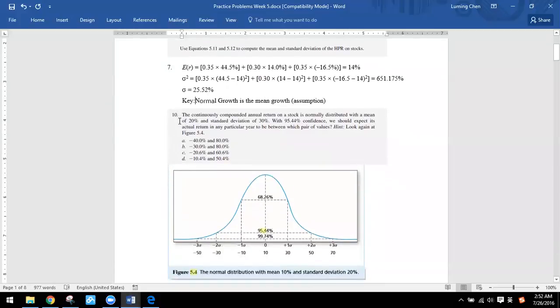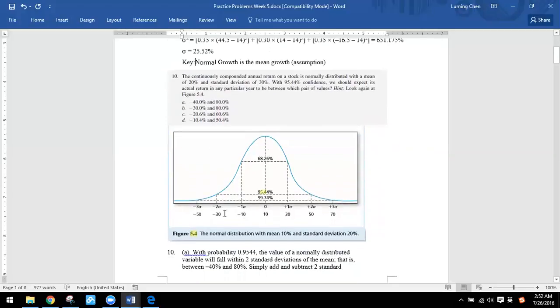Number 10, the continuously compounded annual return on a stock is normally distributed with the mean of 20% and the standard deviation of 30%. With 95% confidence interval, we should expect its annual return in any particular year to be between which pair of values? Look at figure 5.4.